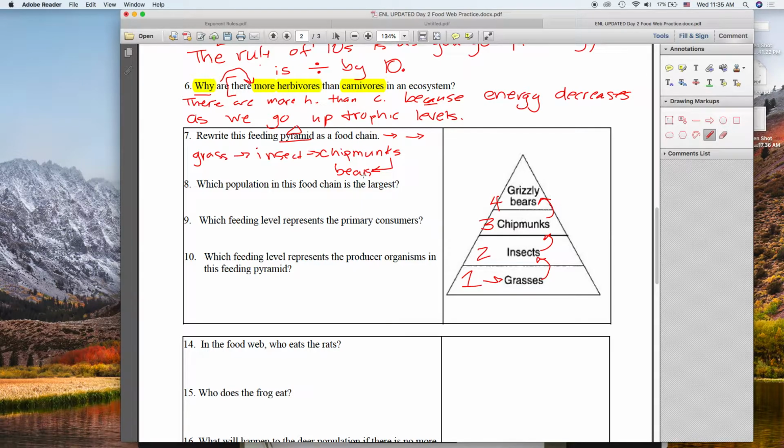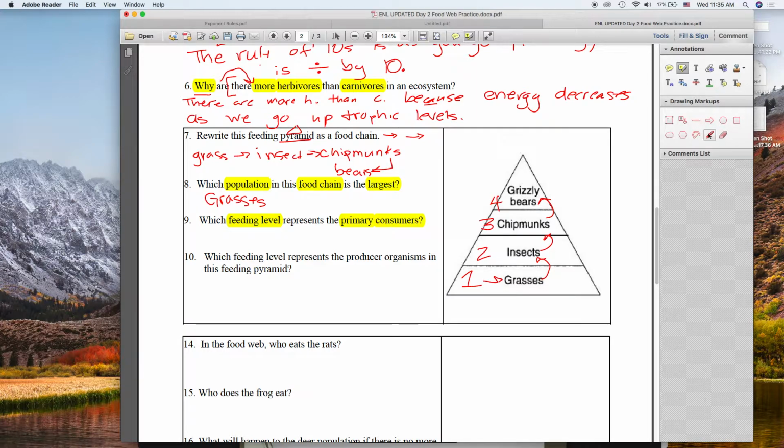Okay. Now we look for which population. Population is a vocabulary word. Food chain, largest. So who has the most? The biggest number. Now we see each time we go up it gets smaller, so at the bottom is our biggest, grasses. Which feeding level or trophic level represents primary consumers?